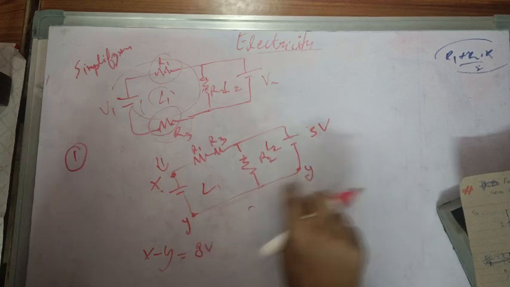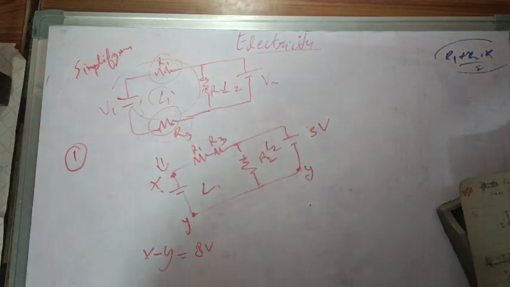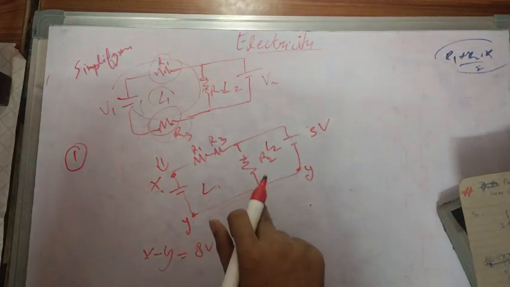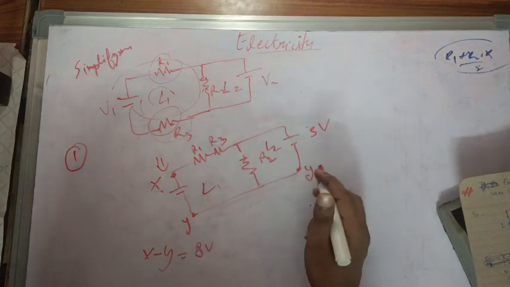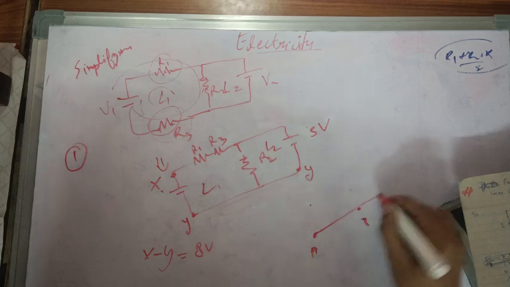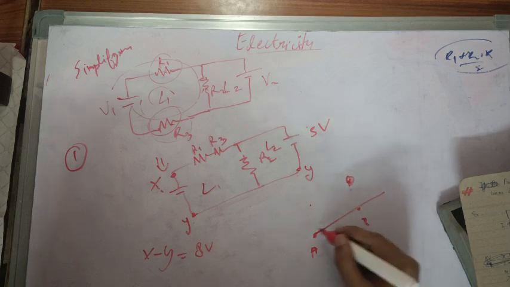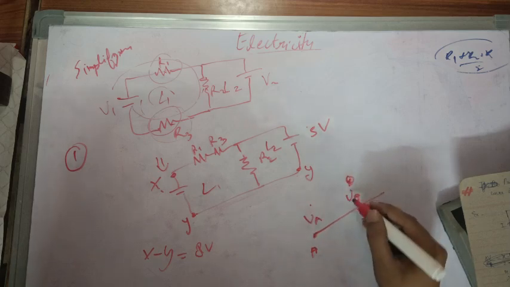So their potential should be the same if there is no resistor between them. If there is no capacitor, resistor or inductor between 2 points, let's say these are the 2 points A and B, and they are simply connected by a zero resistance wire, then the potential at A should be equal to potential at B.